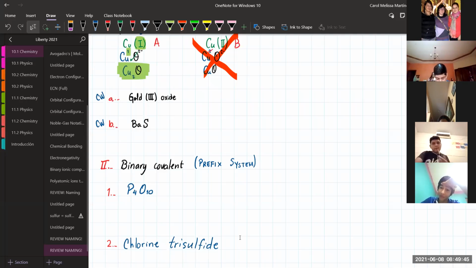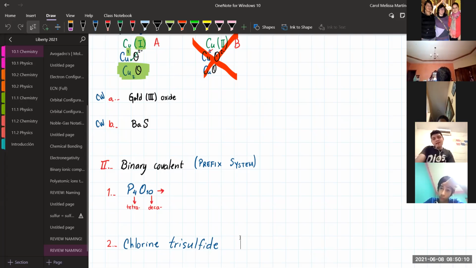For example, the first example here has 4, which is known as tetra, and it also has 10, which is known as deca.